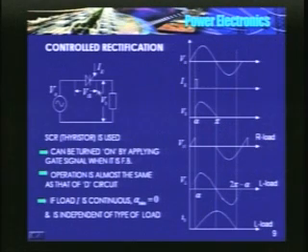In the positive half, SCR is off. So what is the voltage appearing across the SCR? It is triggered only at alpha. From omega t is equal to 0 to alpha, it is in the forward blocking mode. It is forward biased, a positive voltage is appearing, but there is no gate signal, so it cannot conduct.